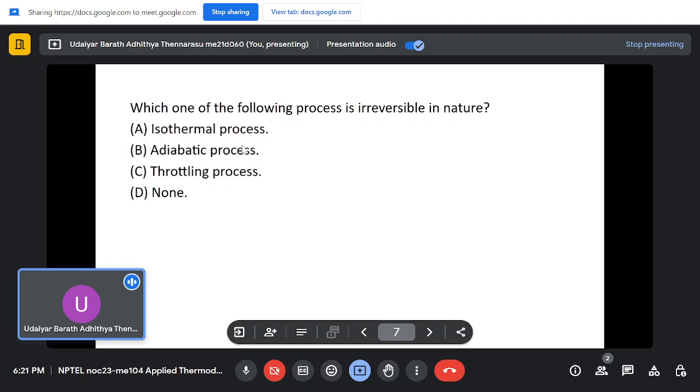In this case, isothermal can be a reversible process. Adiabatic, if it's reversible, is an isentropic process, so adiabatic can also be reversible. Out of these, the irreversible one will be the throttling process. So the answer is option C, throttling process.